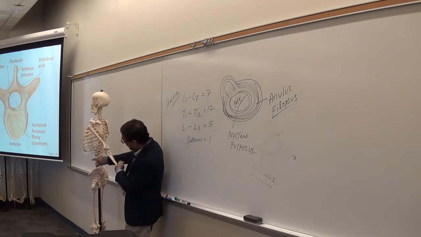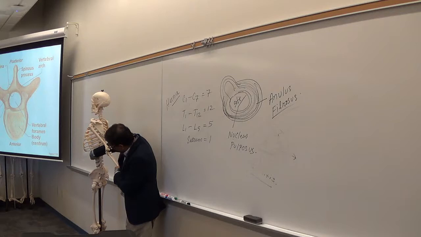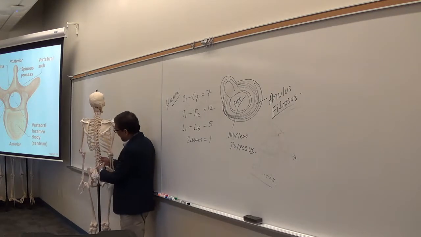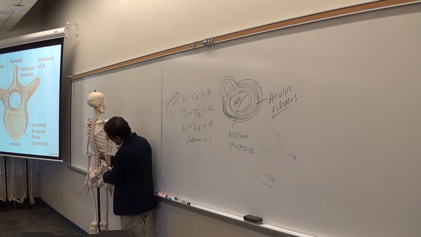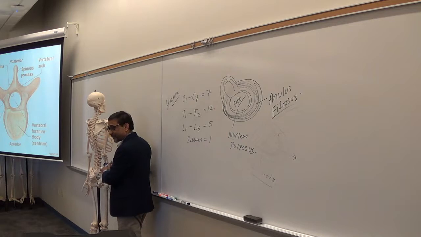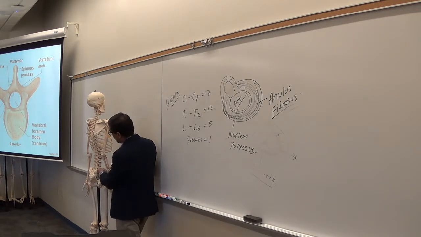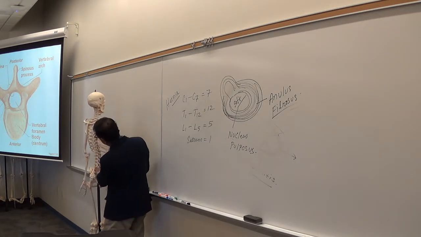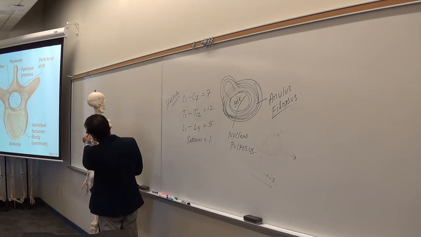So this is the body in the front. And in the back, you have a number of structures, processes. So how many processes do you have? 7 processes. Now let's see what those 7 processes are.